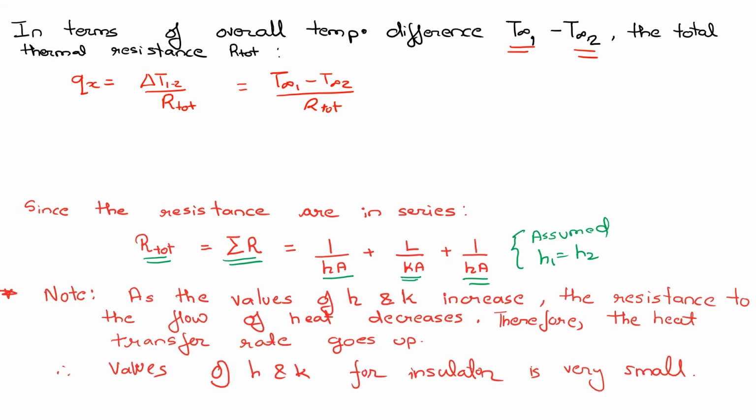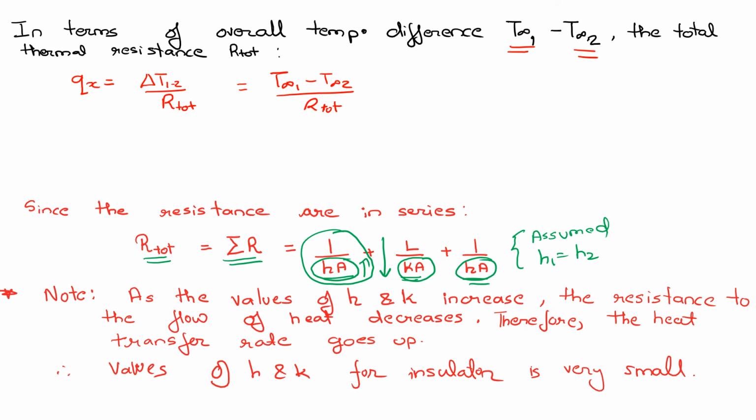It must be noted that if you see the values of the resistances, as the values of H and K increase, the resistance to the flow of heat decreases. As your H and K increase, your denominator will go up and your overall resistance value will go down.